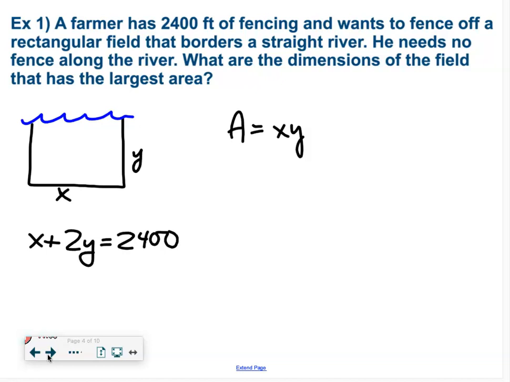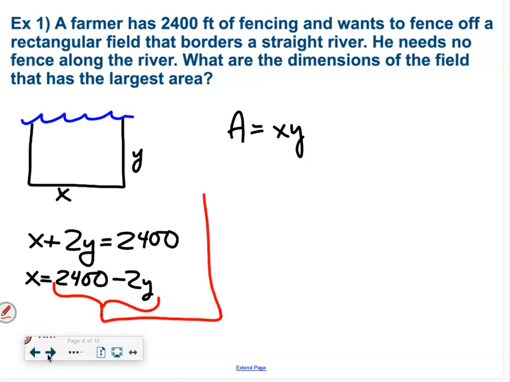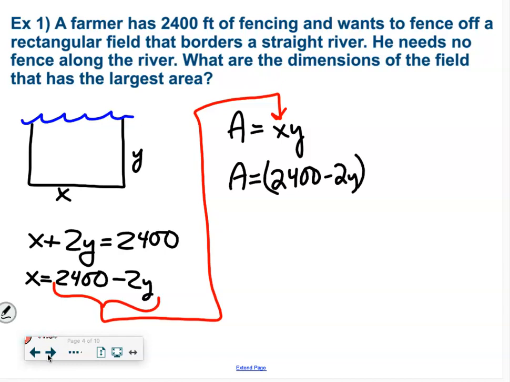So if we solve for x, we get x equals 2,400 minus 2y. You're going to replace the x in your area function with 2,400 minus 2y. So we now have area equals (2,400 minus 2y) times y.